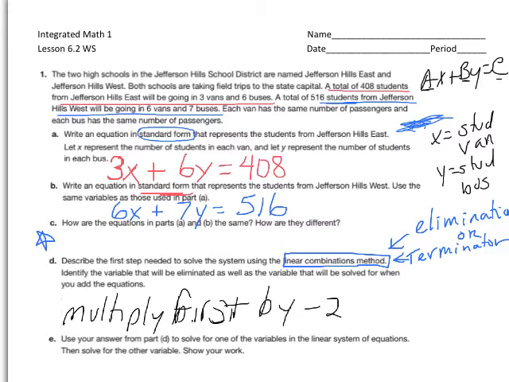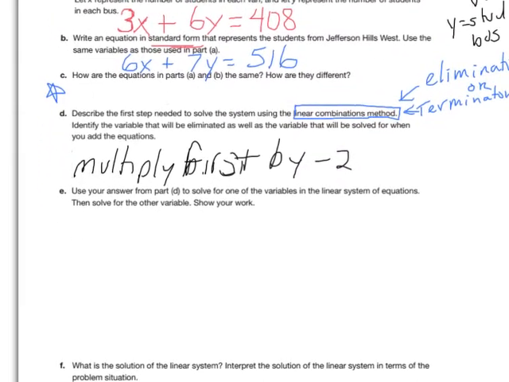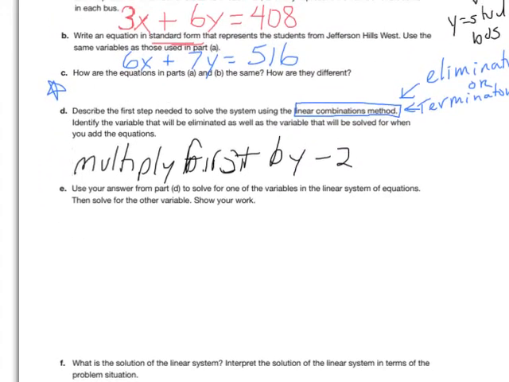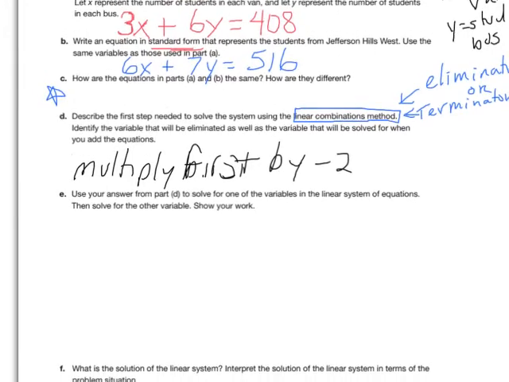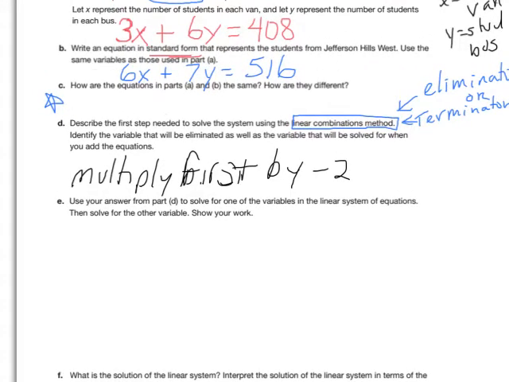Don't forget it. You got to multiply this by -2, this by -2, and this by -2. All three have to be multiplied. Okay. And you want to go ahead and do that. So I'm going to double everything and turn it opposite.